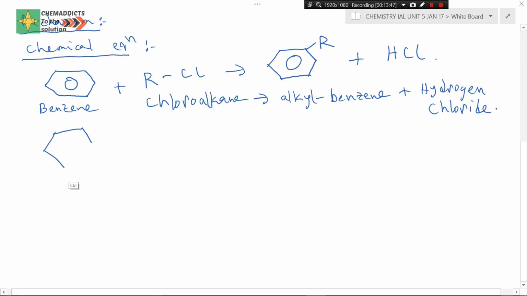Why can't I even draw properly? That's really bad. Okay, this is the representation of benzene. Really bad drawing, sorry. Okay, this is benzene once again.